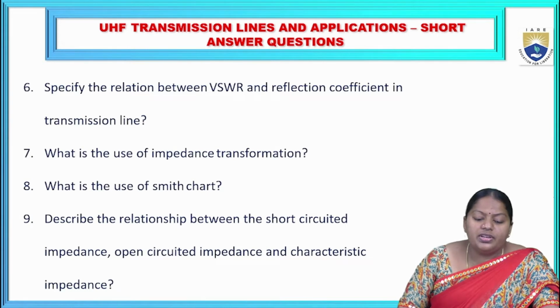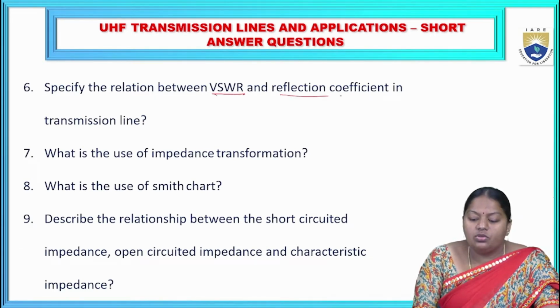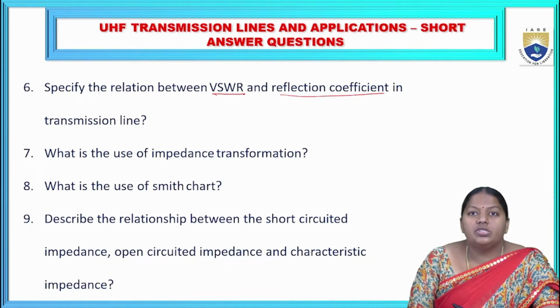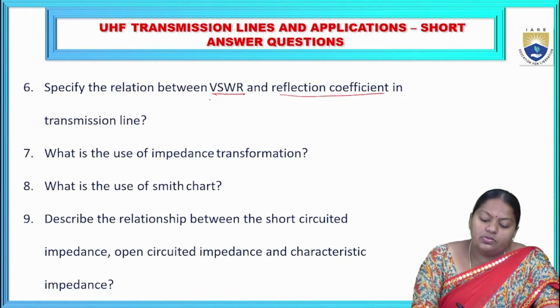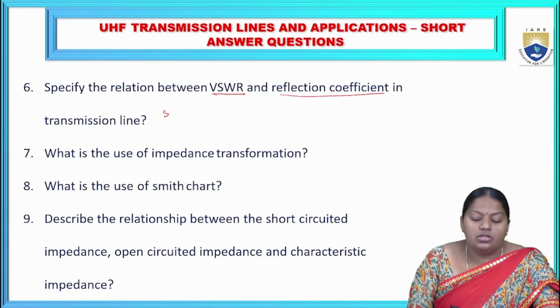Next, specify the relation between voltage standing wave ratio and the reflection coefficient in transmission line. Generally voltage standing wave ratio is represented with S, and the reflection coefficient is represented with gamma.